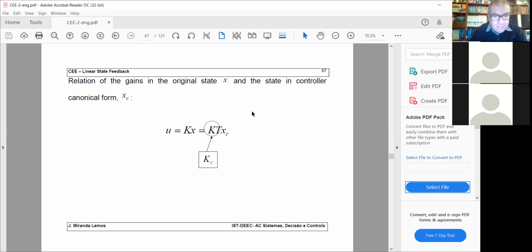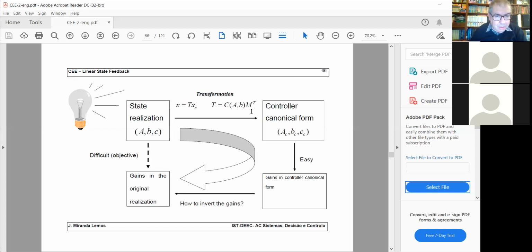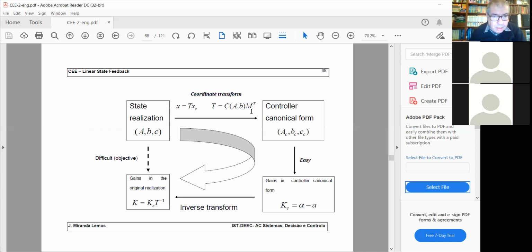So you do this transform. Now you compute the gains, and the gains are K_c, alpha minus A. And now you have to invert the transform.